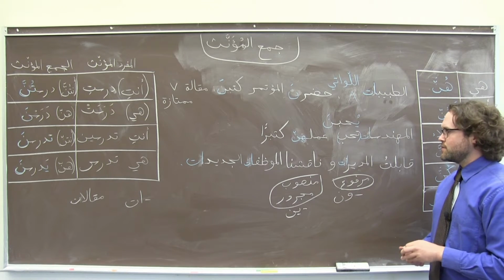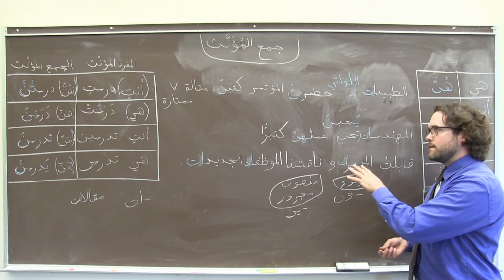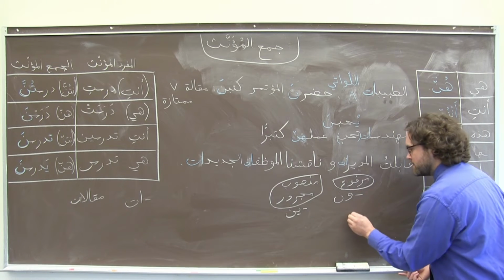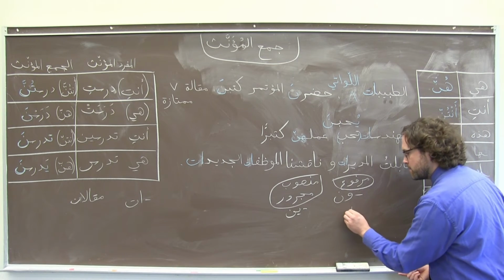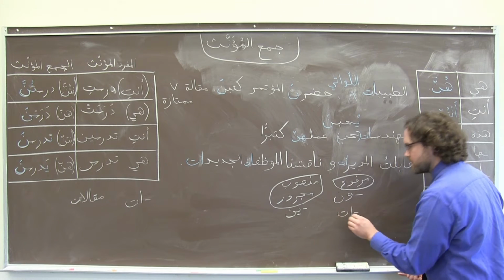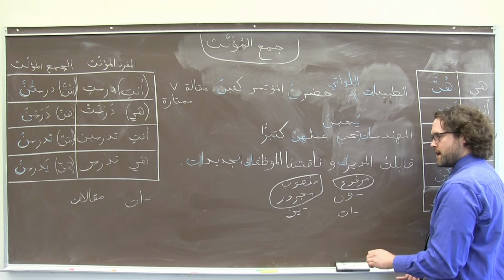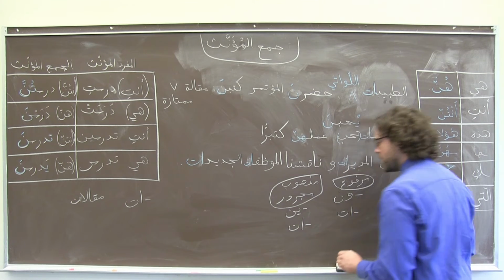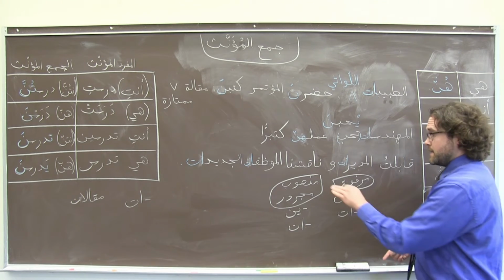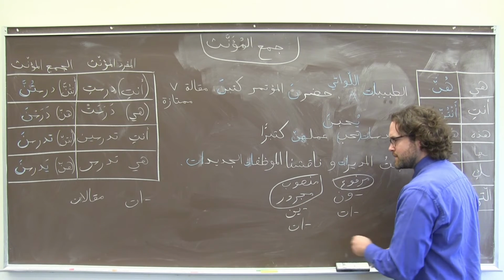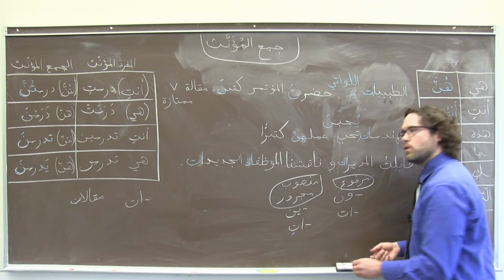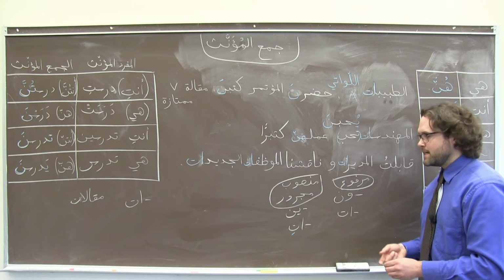Something similar happens to the case endings for feminine plurals. It's going to look the same probably in an unvocalized text. We're going to have alif, ta in either variation, but in mansub and majroor, it's going to be made mansub or majroor with one or two kasras.